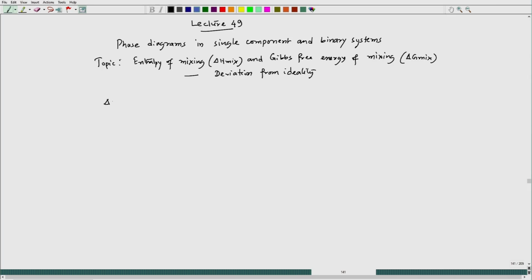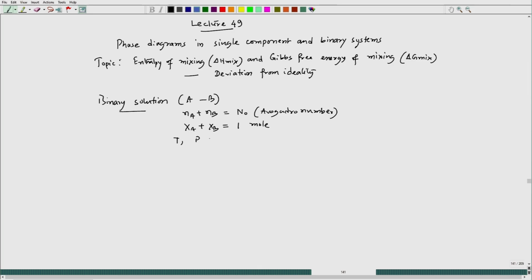Now, let me start with a binary solution. It is A and B, which are metals, and we have taken Na number of A and Nb number of B. When we add them together, it becomes 1 mole, which is nothing but Avogadro number. Xa and Xb are the mole fractions of A and B when it forms solution. So, that becomes 1 mole.